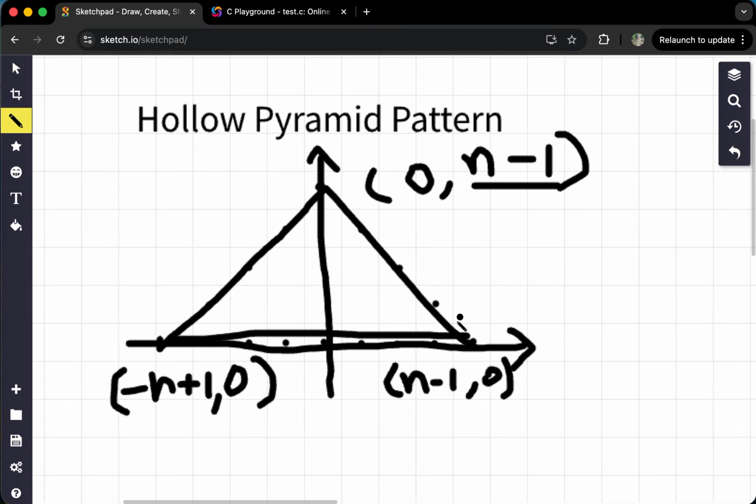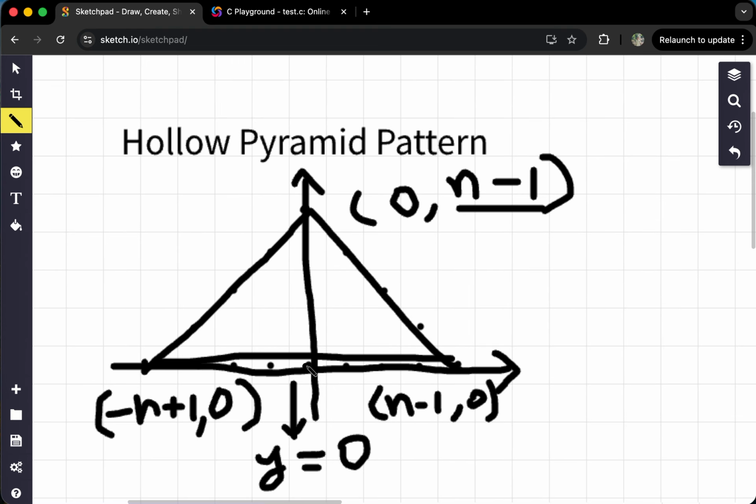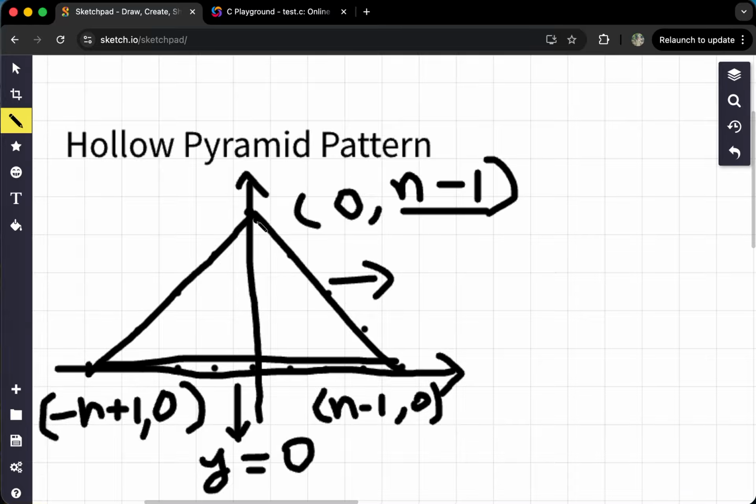So coming to the base, this line equation would be y equal to 0, since all the points in this line would have y value equal to 0. So this is the line equation for our base. Coming to this line, all the points in this line, if we add the x and y coordinate, we'll get some constant value, which is n minus 1.